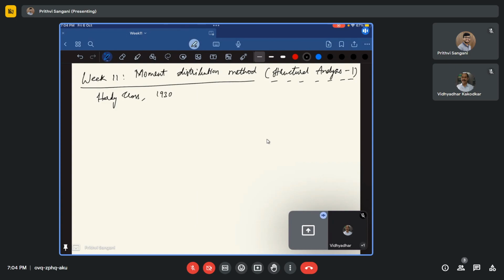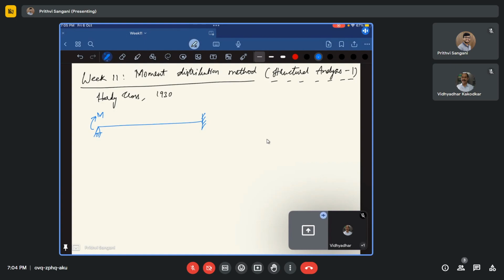Similarly, last time we were discussing the moments. If the far end is fixed, and we have a hinge support at the near end, let us say I have applied a moment M, and this is clockwise always.